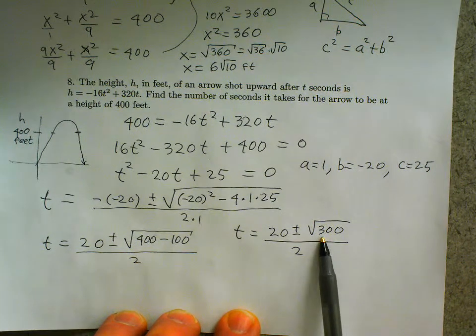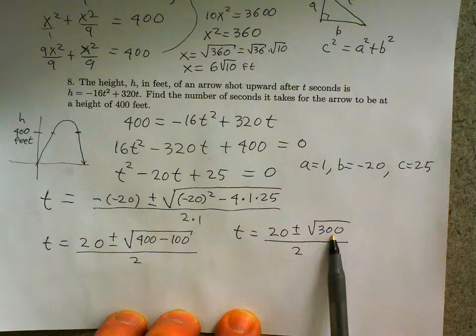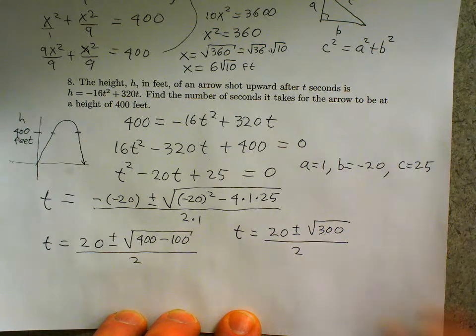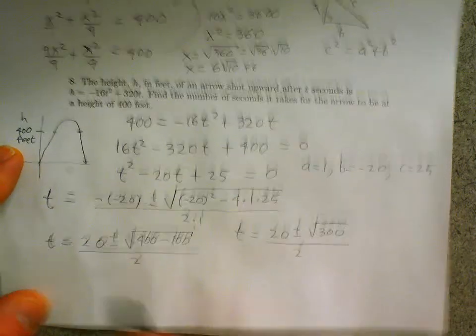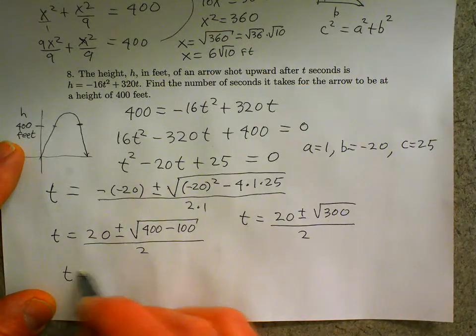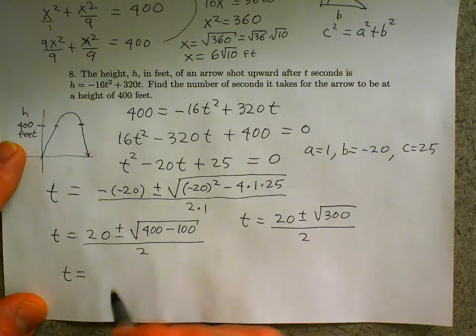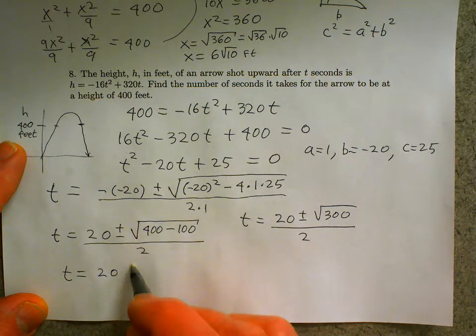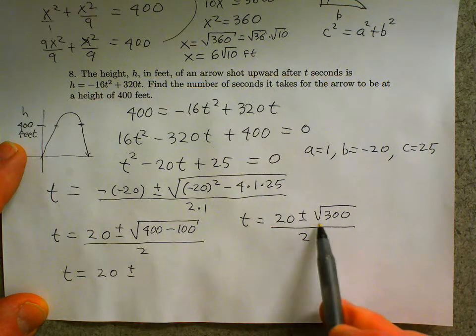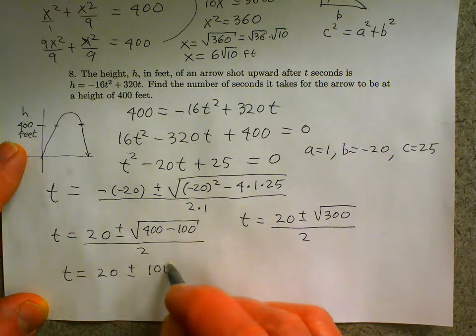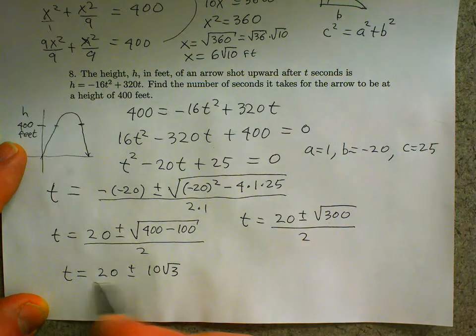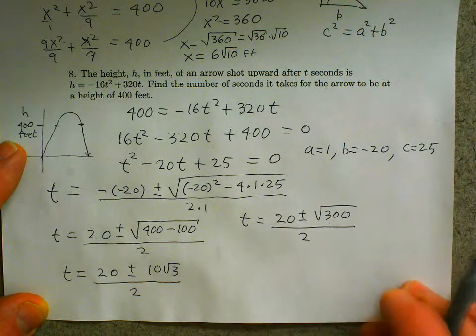The square root of 300 can be simplified. 100 is a factor of 300 that's a perfect square. 100 times 3 is 300. So we can write this as t equals 20 plus and minus 10 times the square root of 3, all divided by 2.